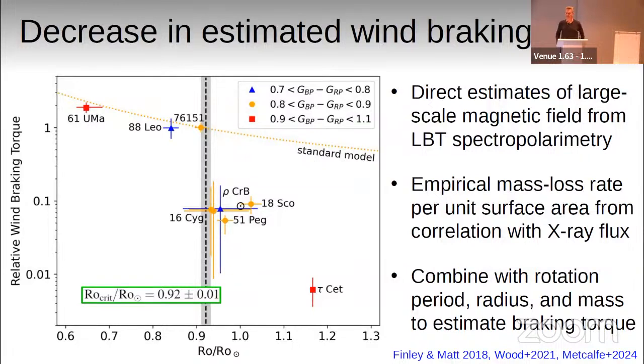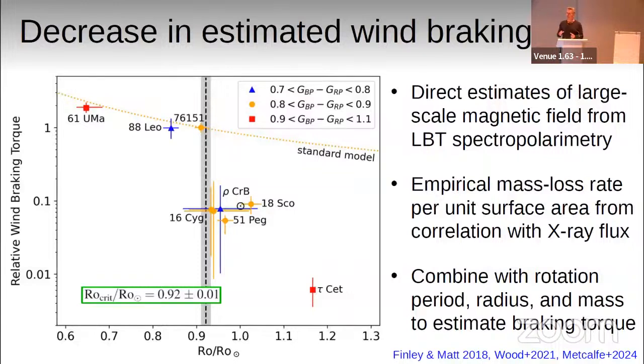So you have to combine spectropolarimetric measurements of the strength and topology of the magnetic field with some estimate of the mass loss rate, generally from a scaling law with the X-ray luminosity, the basic stellar properties like mass and radius, and the rotation period.